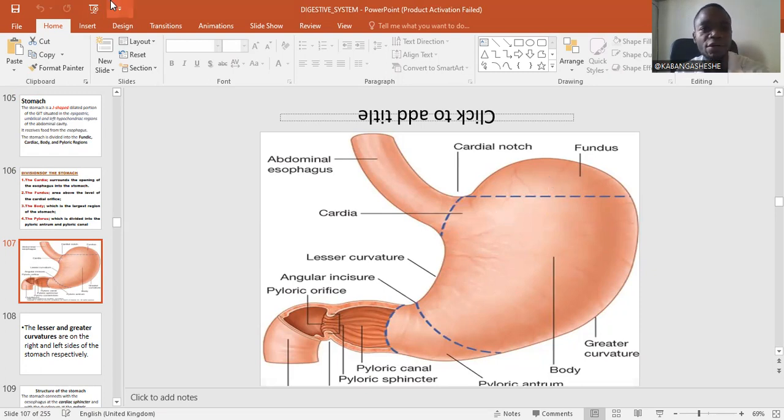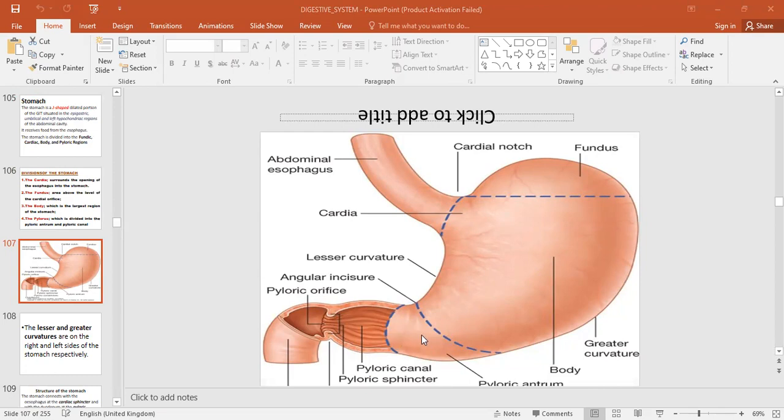Then we have the body, being the largest and middle part of the stomach. Then we have the pylorus and its canal.